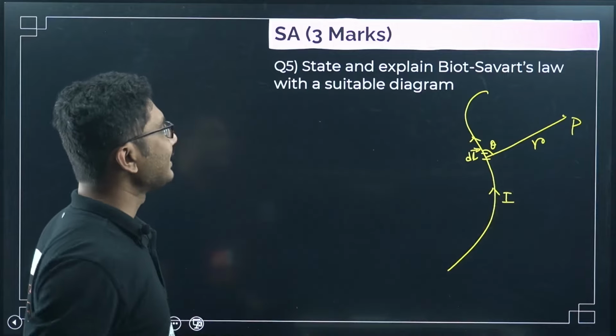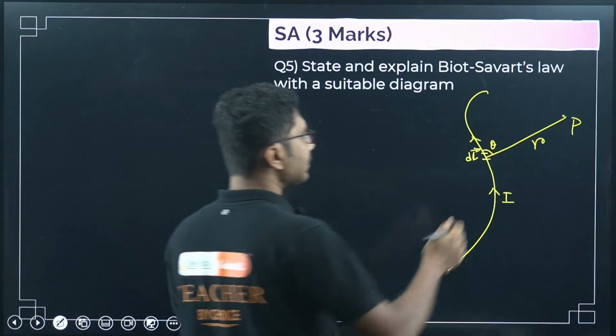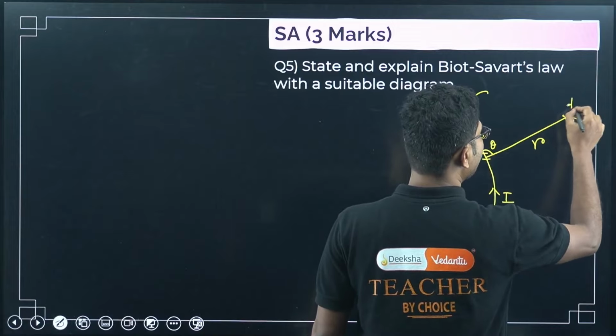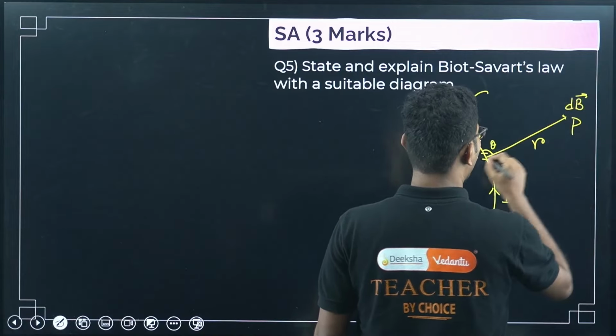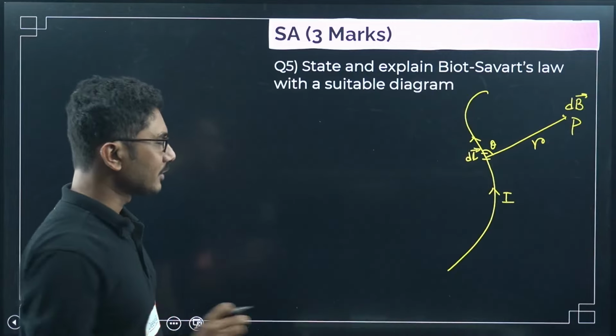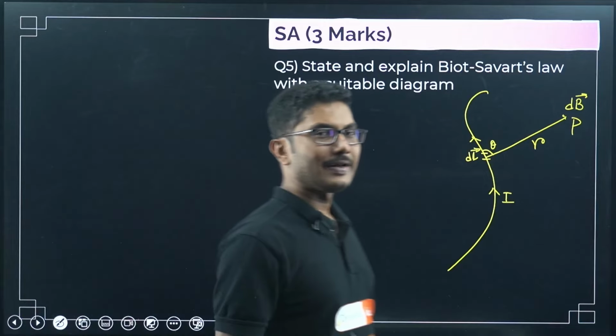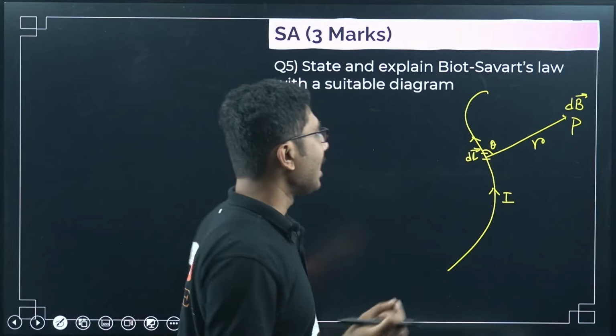So what is the Biot-Savart law? Biot-Savart law tells you the magnetic field dB at this point due to this current element. First of all, you have to write the magnetic field at a distance r from a current element dl.